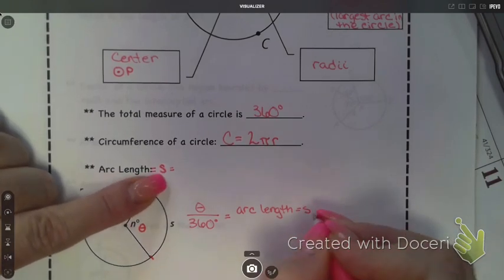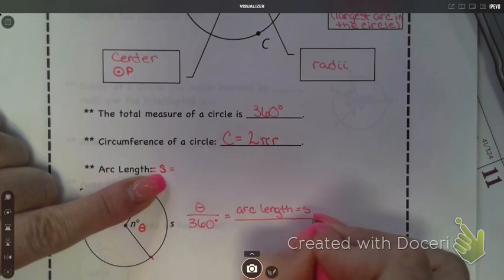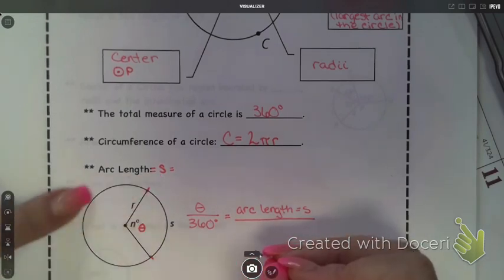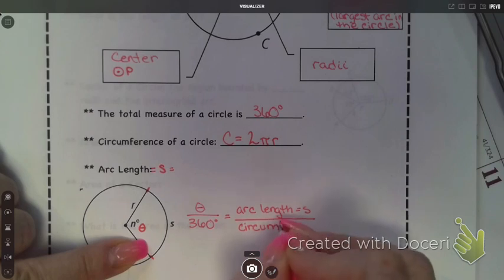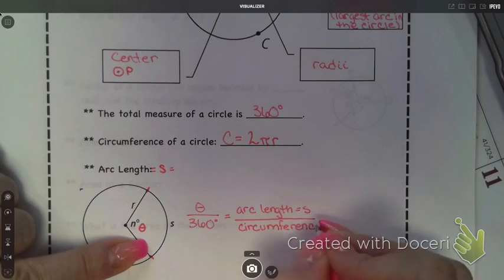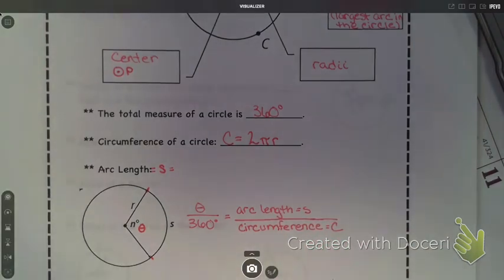S, divided by the whole thing, which is the circumference. And the variable we use for circumference is a capital C. So from now on, I can do C and S, which is better than arc length and circumference, correct?